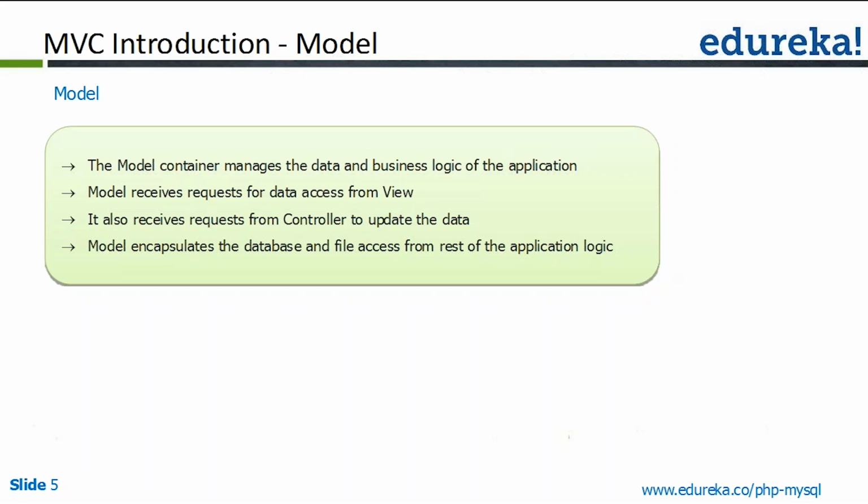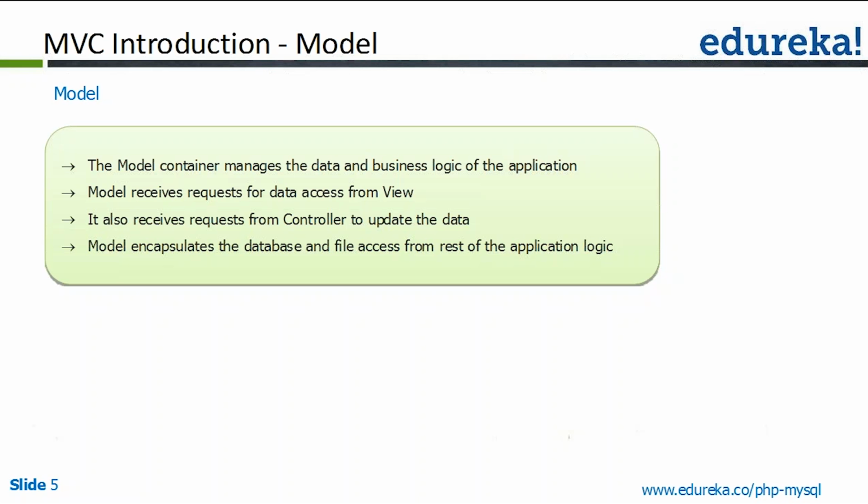Now that data will first go to the controller, and then the controller will interact with the model, with the respective model where I have to save the data or manipulate the data. Then that model will basically do the job of saving that into the database or fetching the data from the database. So it basically gets the data from the view.